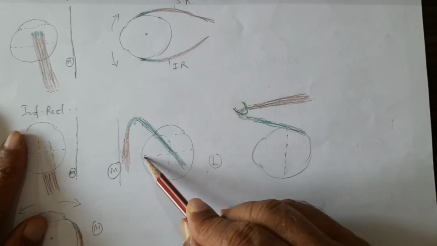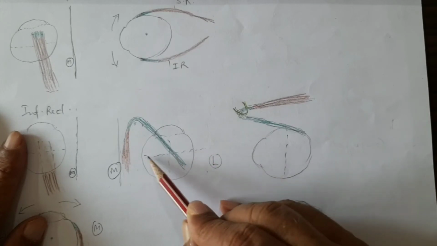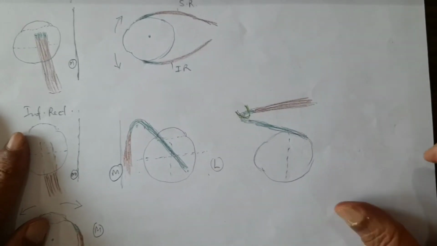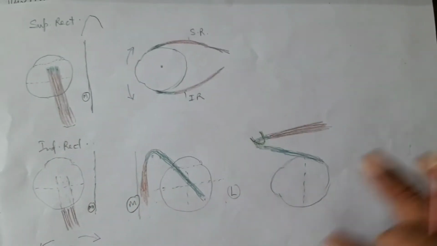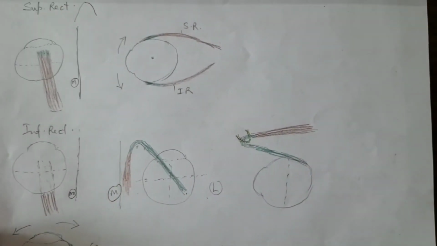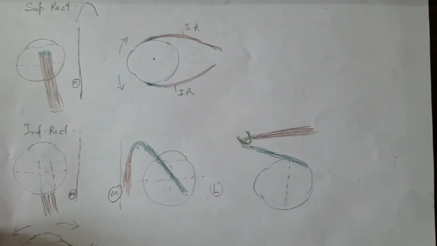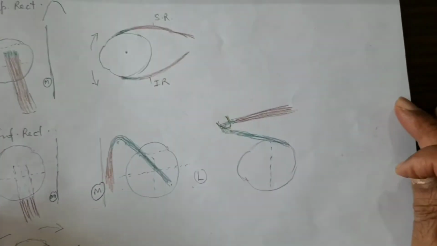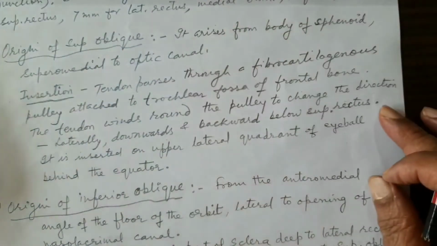That means behind the equator, this tendon is attached. Remember this, it is very important. In the next video I will discuss the action of this muscle; this insertion and its direction will play an important role.